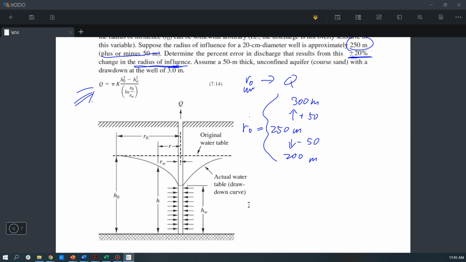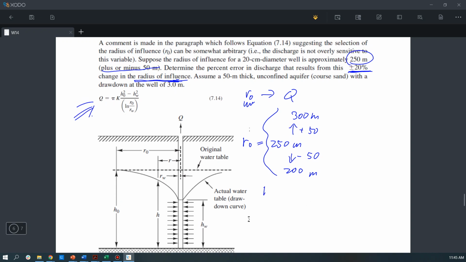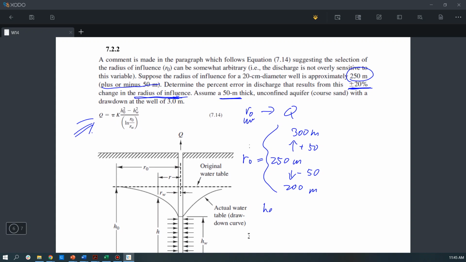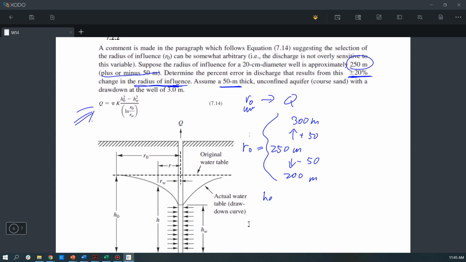Okay, and let's write down the term for this equation. We will need to know H0, and this tells us it's a 50-meter thick unconfined aquifer. So H naught is 50. HW, because this is a drawdown, have the 3 meter.